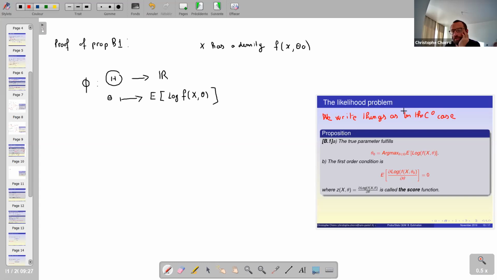Everything. In fact, here I will work with integrals, not with sums, but the things will be the same if we do this, and you will see examples in the exercise.